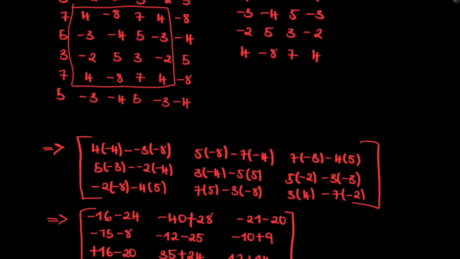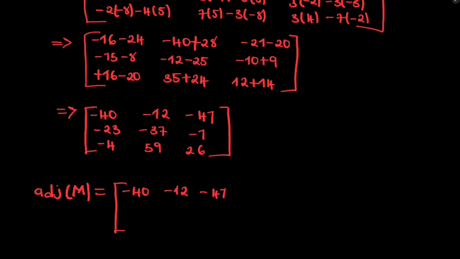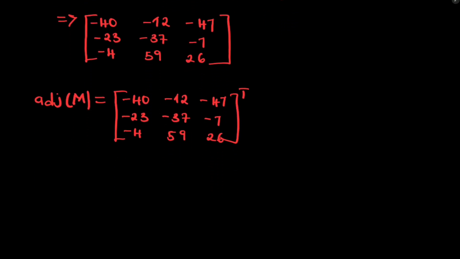Now this is not yet the adjoint. The adjoint will be the transpose of the cofactor matrix. So we take the transpose.